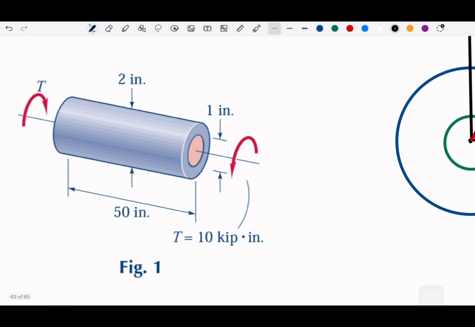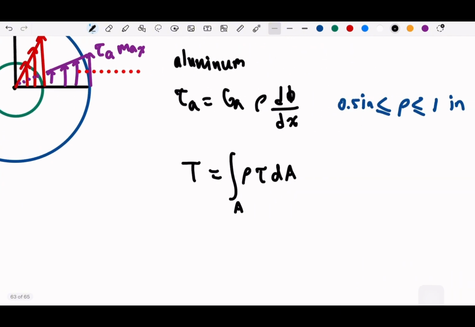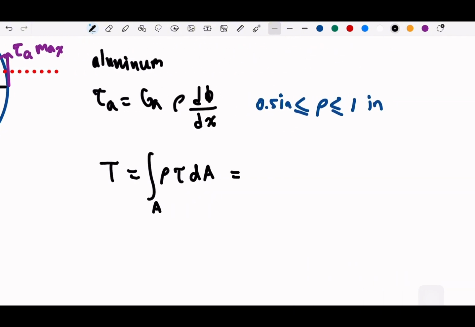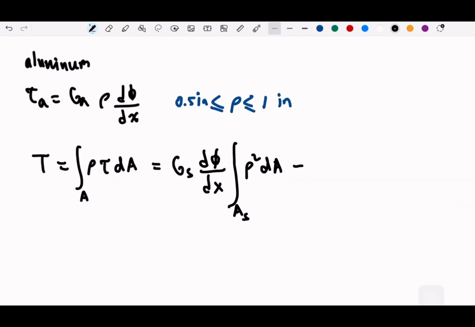The total torque is 10 kip, so we can equate this with the steel, area for steel, rho squared dA, plus the aluminum.